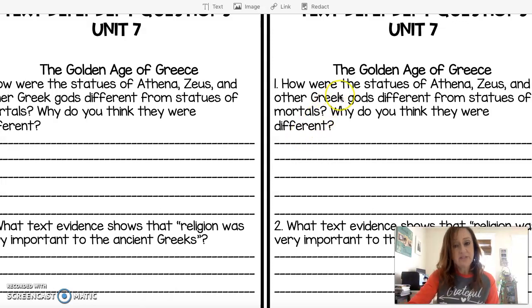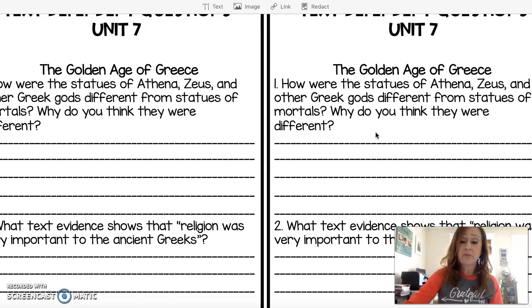Now, you need to restate the question within your answer so that if the question was not here, the person reading your answer would understand what you're talking about. They would know what the question is. So how were the statues of Athena, Zeus, blah, blah, blah, different from other statues? You're not going to say because or they to start with. If you say they, what are you talking about?